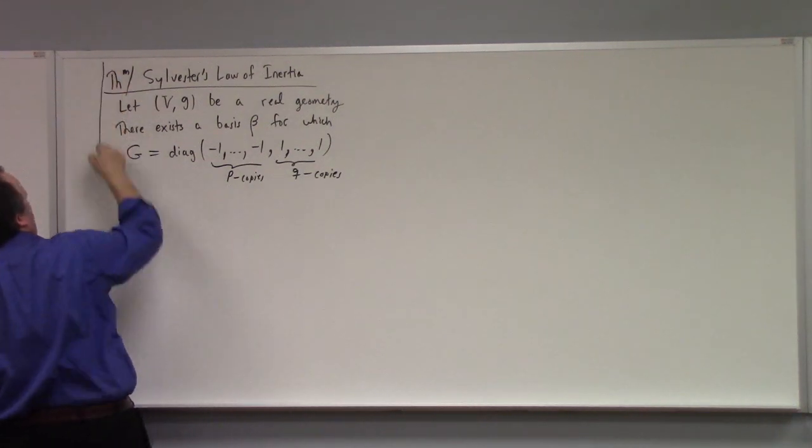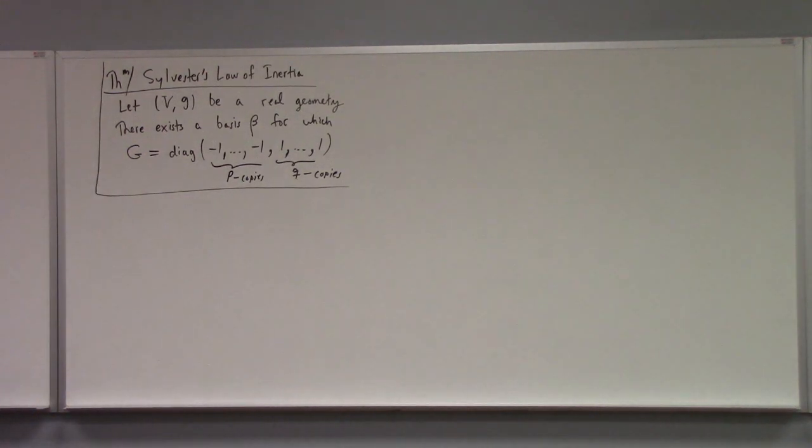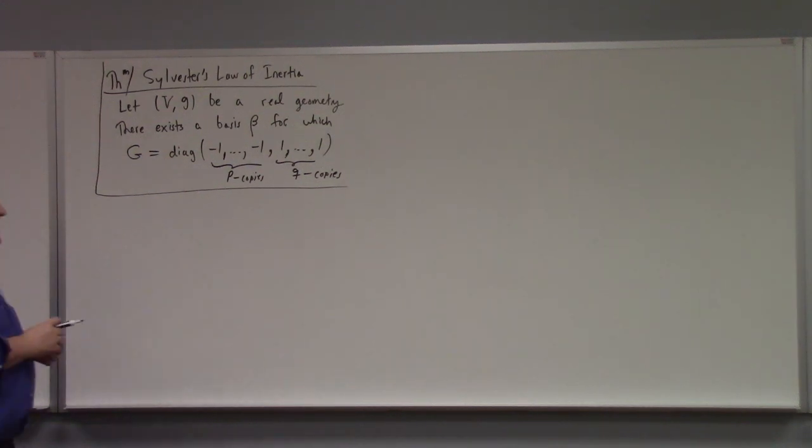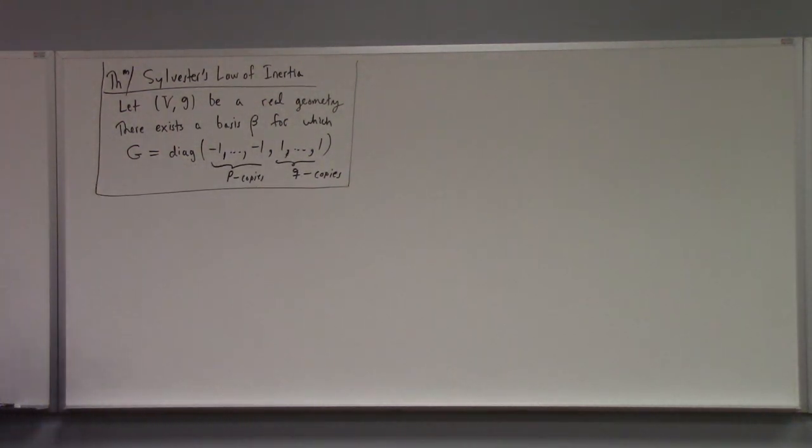And the more complete statement of the theorem is that the p and the q are characteristic of the metric. A little fuzzy here. Maybe the difference p minus q is an invariant up to a sign or something. No, I think the number of p and the number of q is fixed for a given metric.